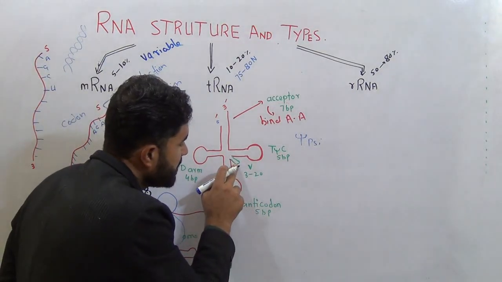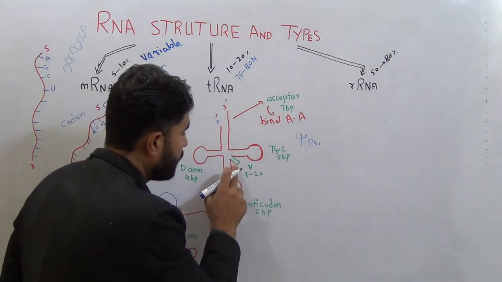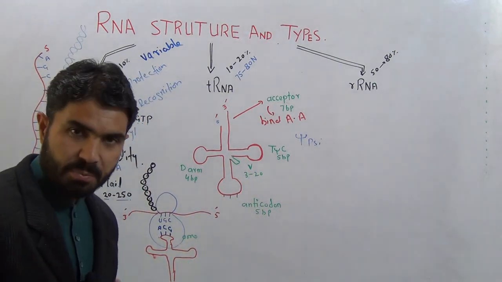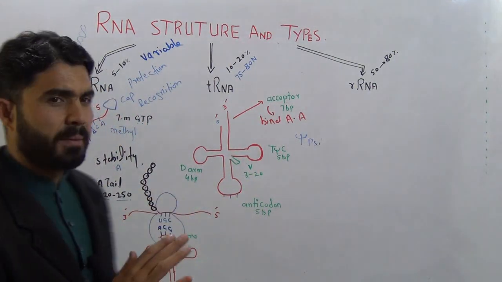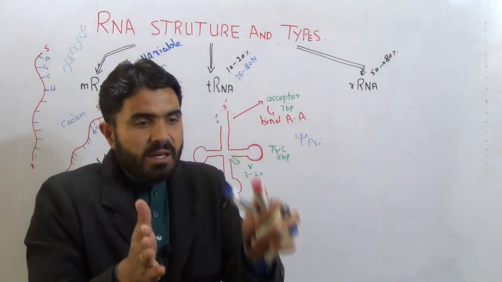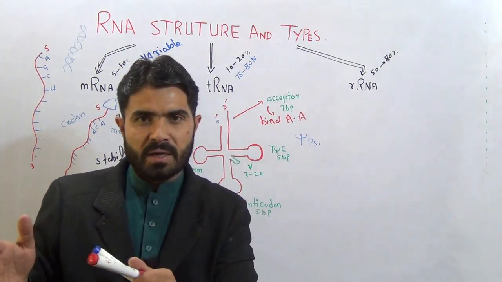And now here comes this small arm called the variable arm. The variable arm contains 3 to 20 base pairs, and that variable arm differs from one transfer RNA to another transfer RNA. You know, we have 20 different types of transfer RNAs.